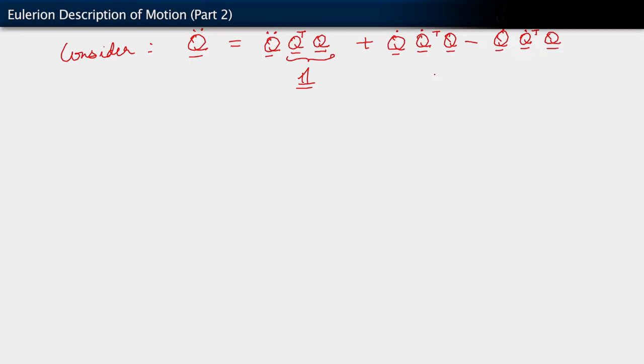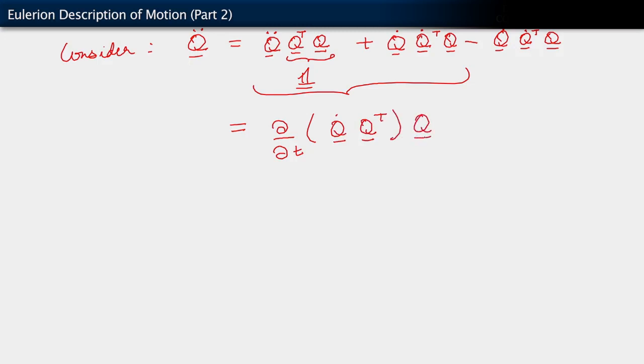But now observe this. I can write the first two terms as the time derivative of Q dot Q transpose acting on Q, just by the chain rule.